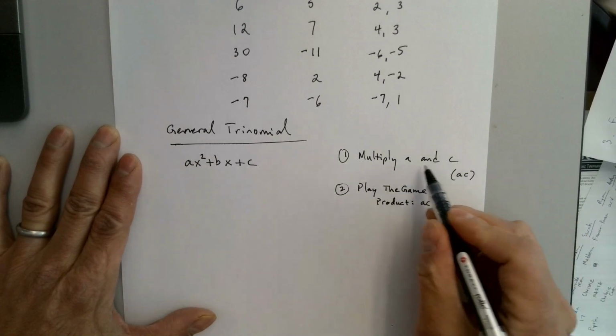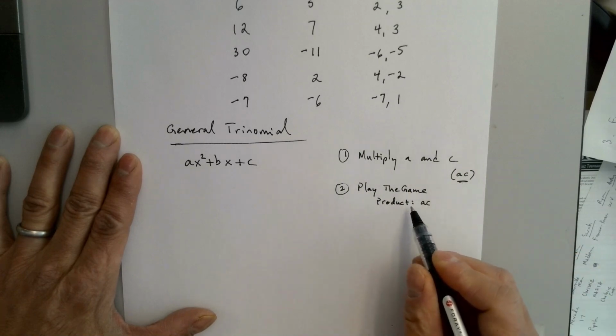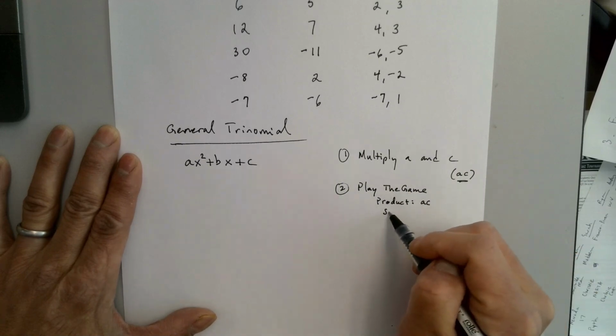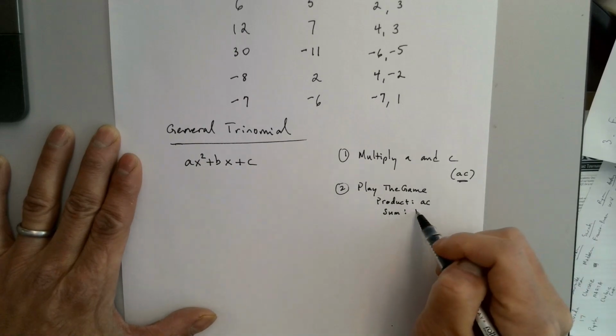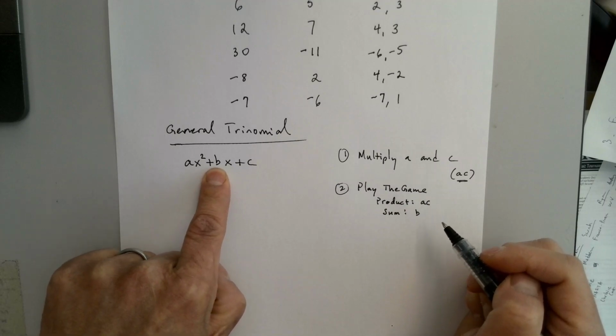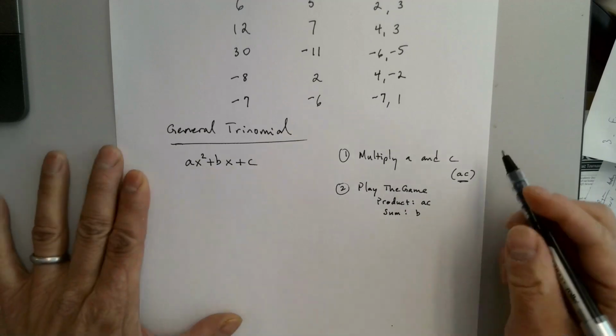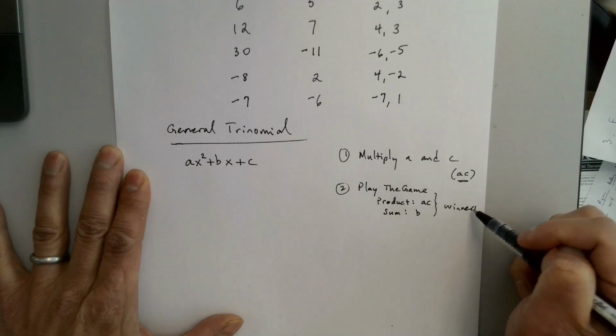That's why I multiplied A and C in the beginning. This is the product I want when I'm playing the game. And I want my two numbers to have a sum of whatever B is. Okay, so I play the game and I get my winners.